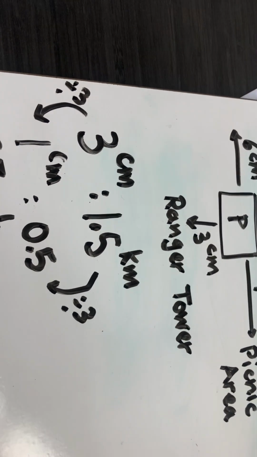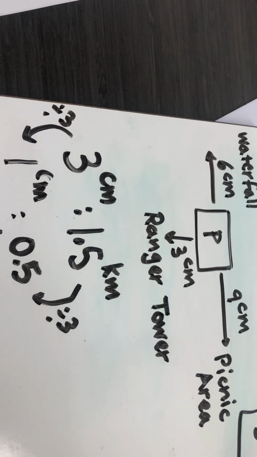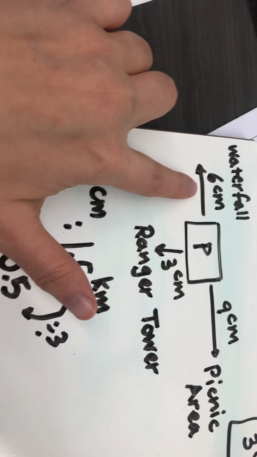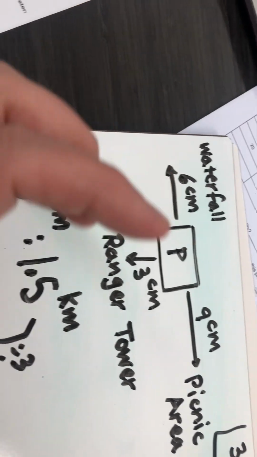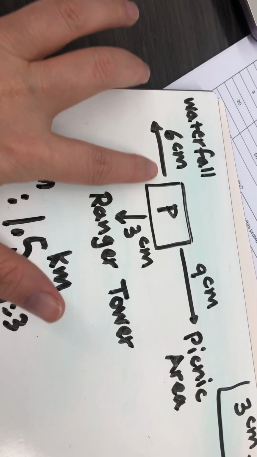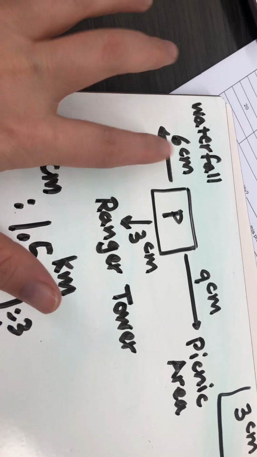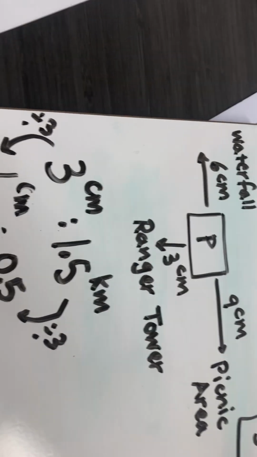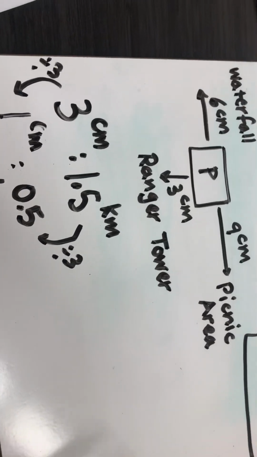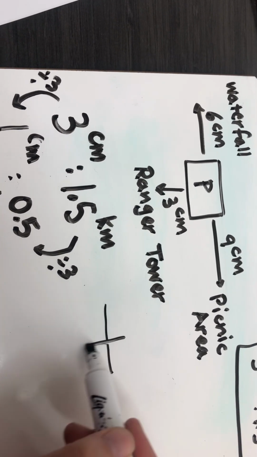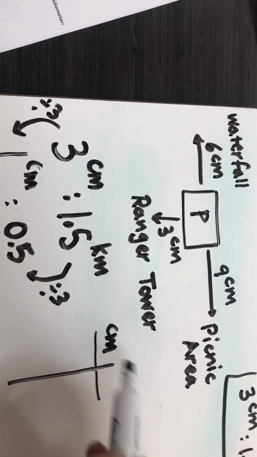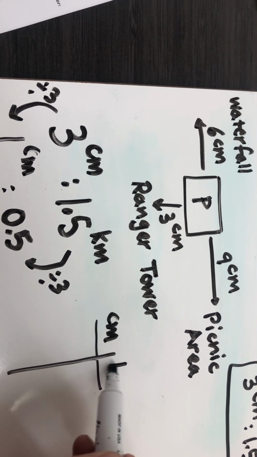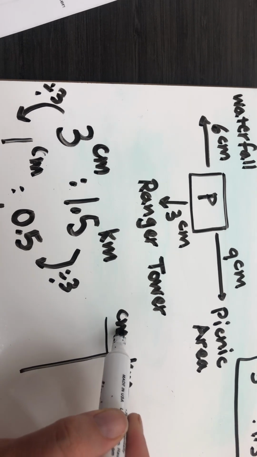Now my question is asking, what is the actual length of the waterfall trail? We know 6 centimeters is a small distance, about twice as much as this. So that's not the real distance. We're going to find the real distance. I'm going to create a table of values. One side I will label centimeter and the other side I will label kilometer. This is the drawing.